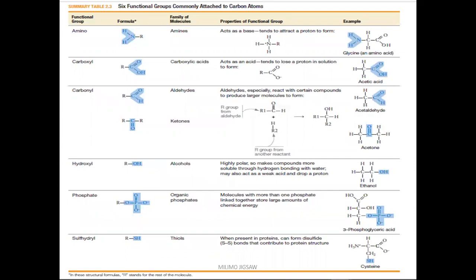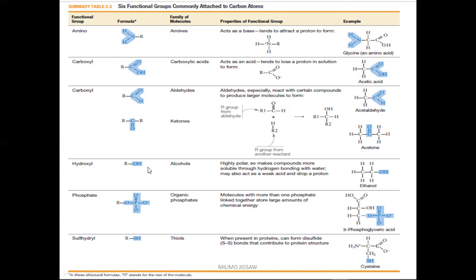Okay, so we have different functional groups. Let's look at the hydroxyl group. One of the functional groups is the hydroxyl group, which is abbreviated as R connected to OH.